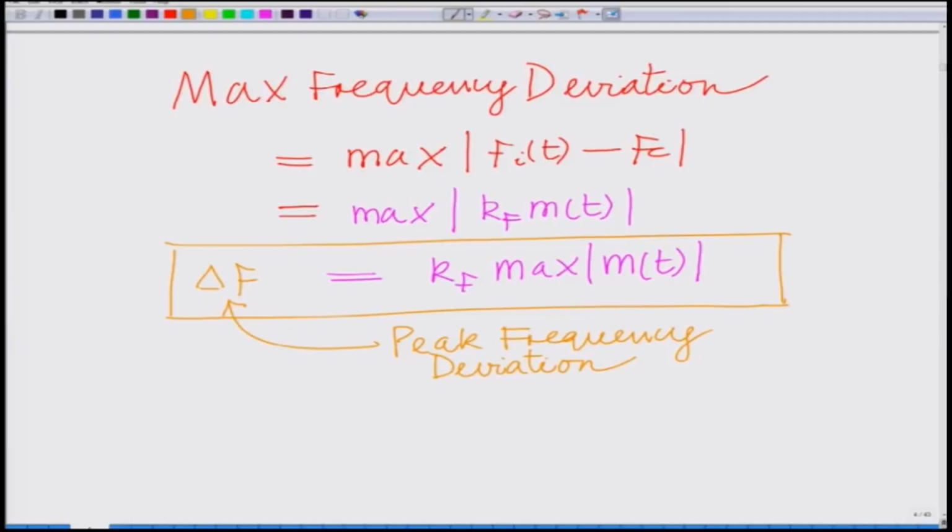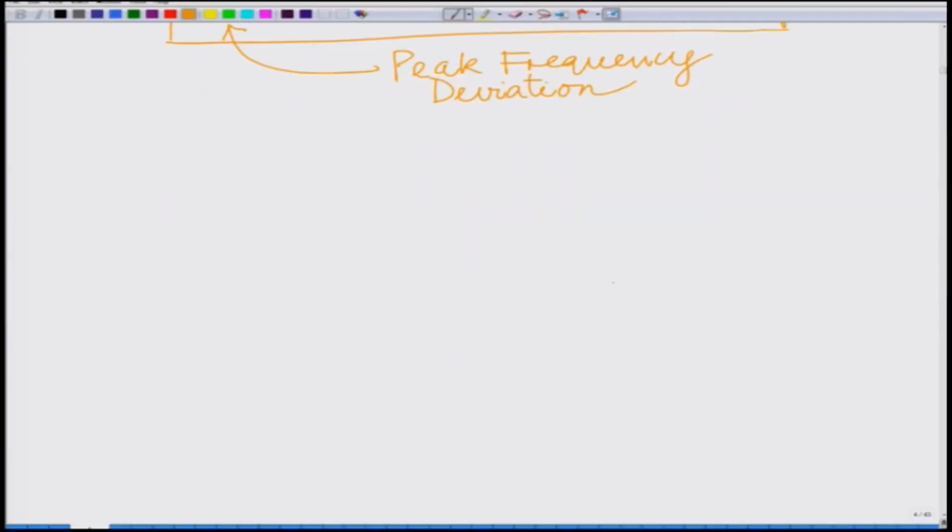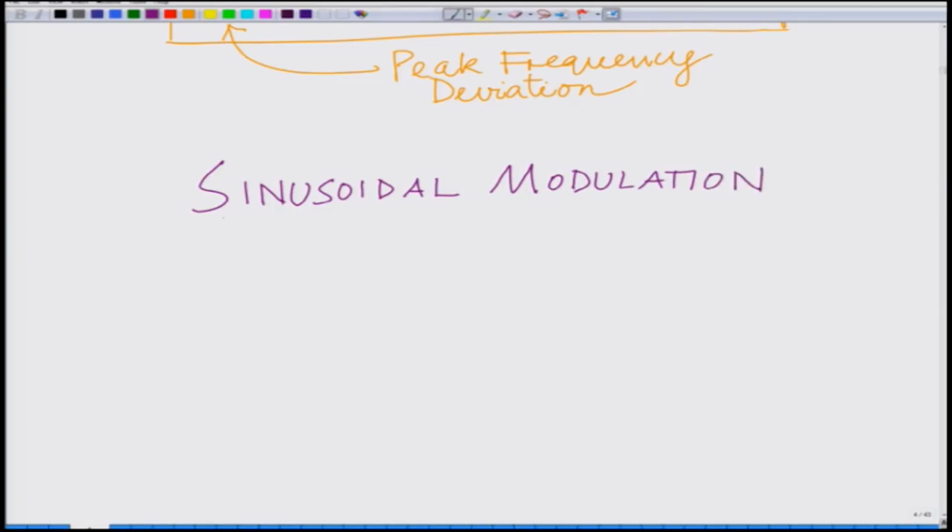Okay. Now, let us consider a simple example. Let us look at a sinusoidal modulating signal. So, let us consider a specific example of sinusoidal modulation.